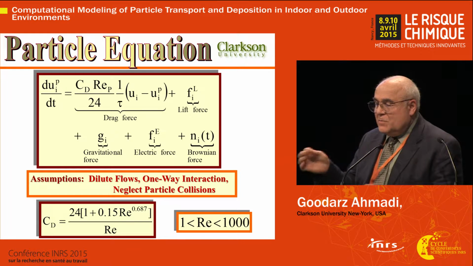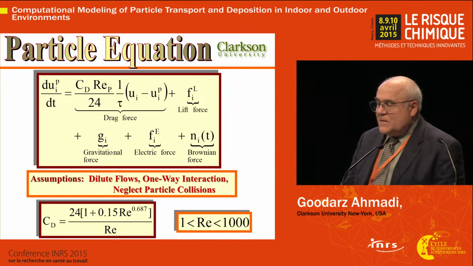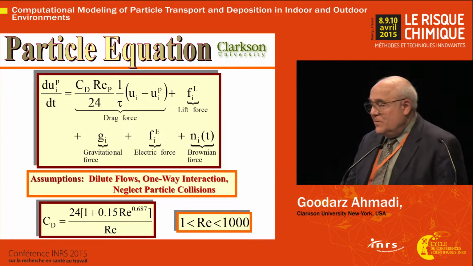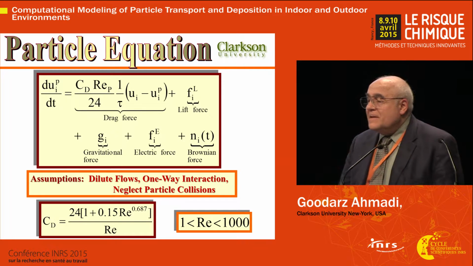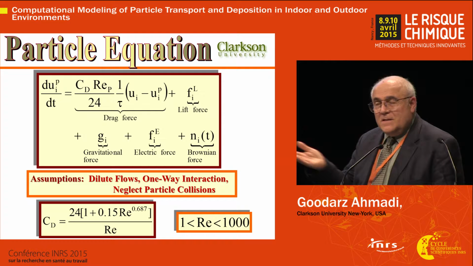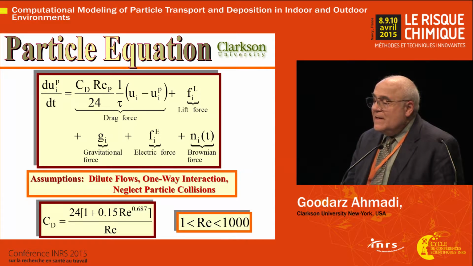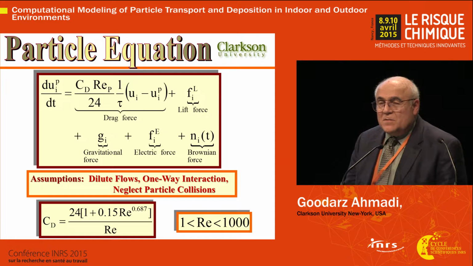Then we have to see how each particle moves, and we're going to start looking at the spherical particle and later on fibers. A small spherical particle in the air is subject to drag force, and lift force because of the shear in the flow. If they are larger than a few micron, gravity is important. If charged, electrostatic forces are important.